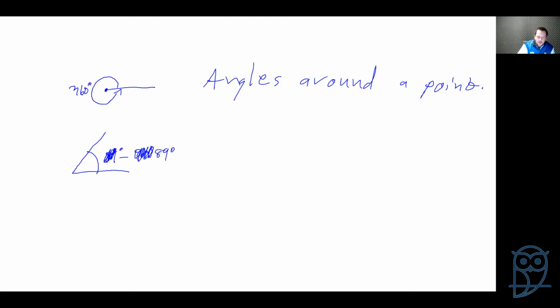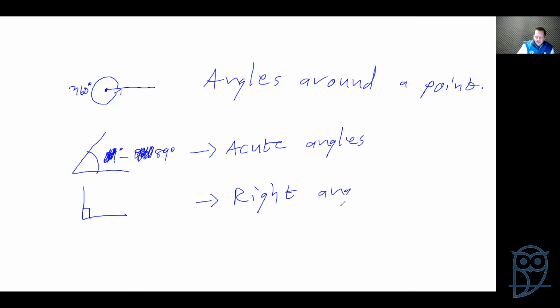I do agree it could be 89.5, 89.9, but you get the idea that it's somewhere between like 1 and 89, just below 90. These are my acute angles. You have that when you have this kind of angular bit there, like a box. That is my right angle. And my right angle is 90 degrees.